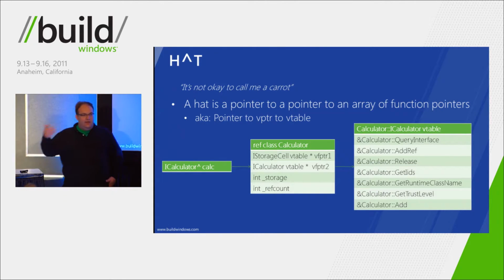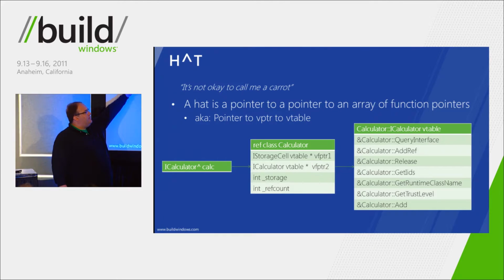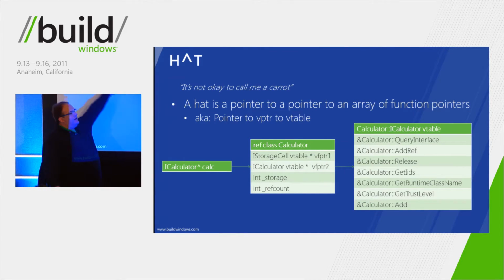So let's say we take Andy's calculator example, and we make it a little bit more interesting. We give it two interfaces: iStorage cell as my first interface, iCalculator as my second interface, and we can then give it some storage. The ref count member we automatically give for you by saying ref class. So when you have a hat to this iCalculator, as opposed to a calculator hat, we point it to a vpointer.